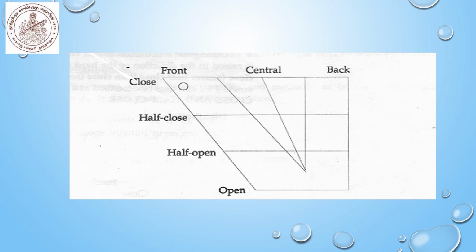Here the line should not be slanting, and care should be taken that the central part should not touch the bottom line, that is the fully open position. So all the front vowels should be marked only in the front side of the diagram, the back vowels in the back part and the central vowels in the center part. So this is the diagram for vowels and diphthong classification.